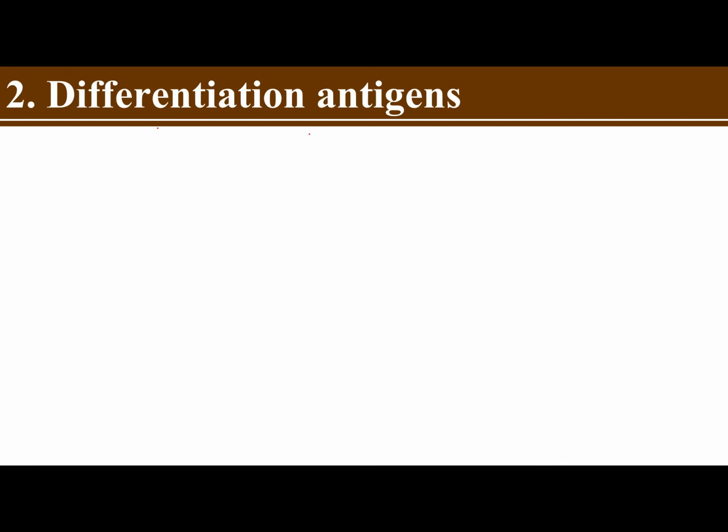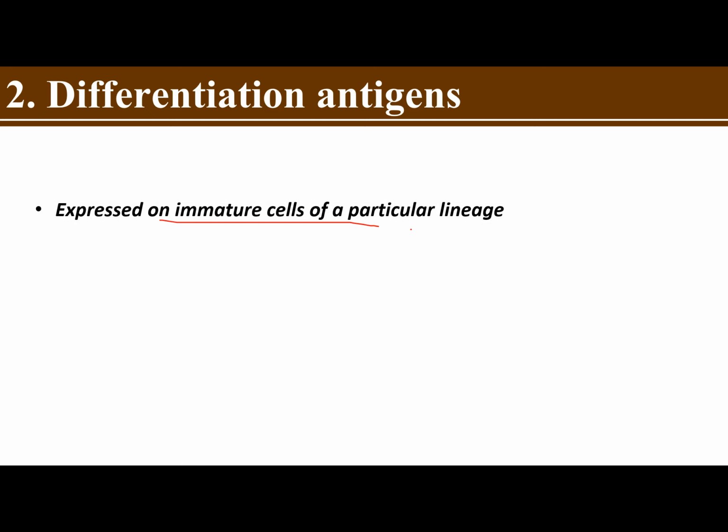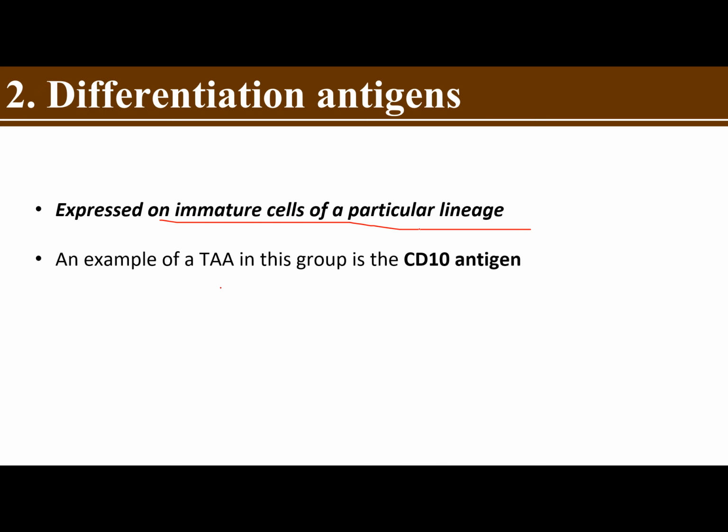Then we have your differentiation antigens. These are expressed, class, on immature cells of a particular lineage. An example of TAA in this group is the so-called CD10 antigen. So CD10 antigen, class, is an example of differentiation antigen.